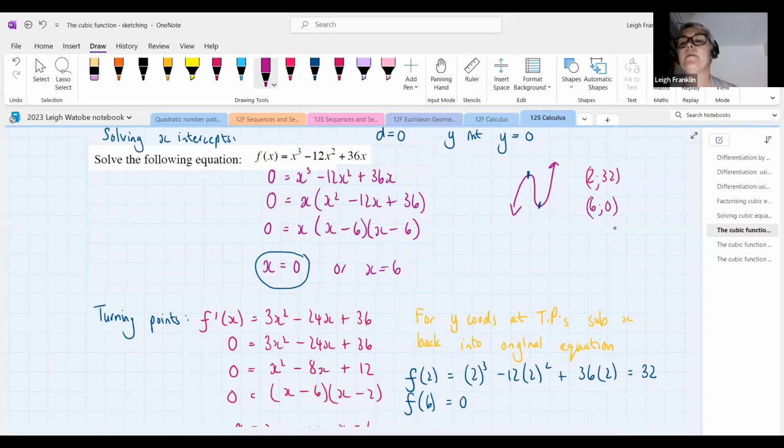So this would be the local minimum, over there. And (2; 32) would be our local maximum, the point over here. So this one must have a smaller x value than that one. Sorry, Natalie, you're quite right. I don't know why I swapped those around. It was 6 and 0.